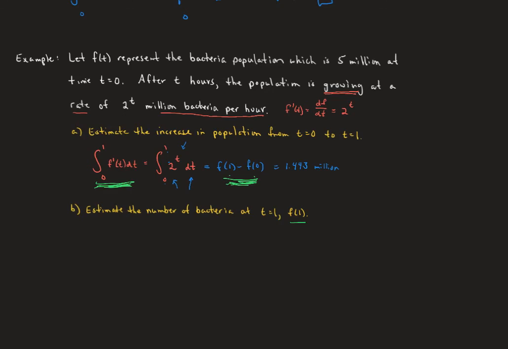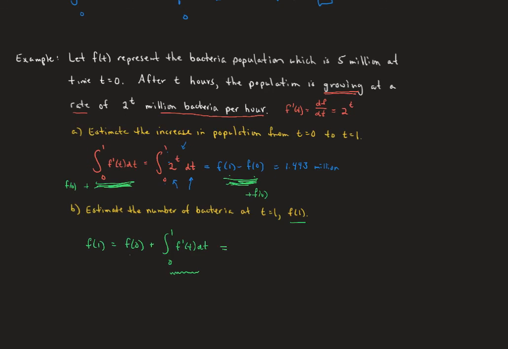So if we want f of 1, we can think of adding f of 0 to the other side of the equal sign and see that f of 1 is going to be the starting value of that bacteria population plus the integral from 0 to 1 of f prime of t, which is going to tell us the net change in the population over that time interval.